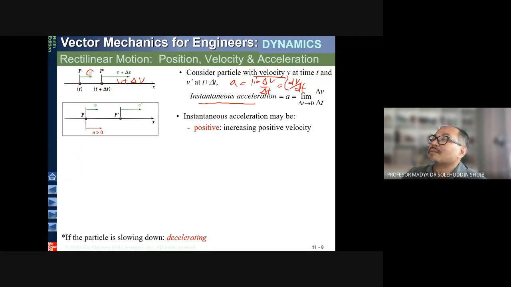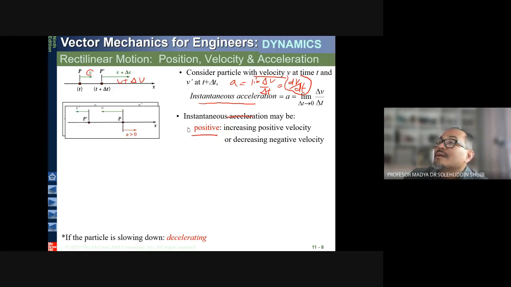Okay, so this one we're going to use again and again. Just now dx dt, this time dv dt, which is acceleration. Okay, for instantaneous acceleration, we call it positive. It is positive when we have the increase in velocity. Okay, increasing positive velocity, so it is positive. Okay, how about this one? If this one is negative, decrease negative velocity.